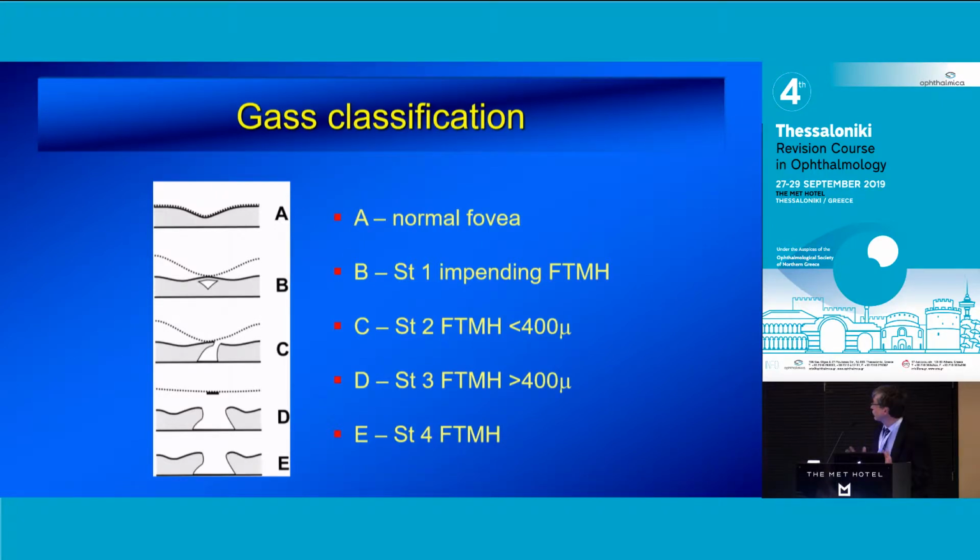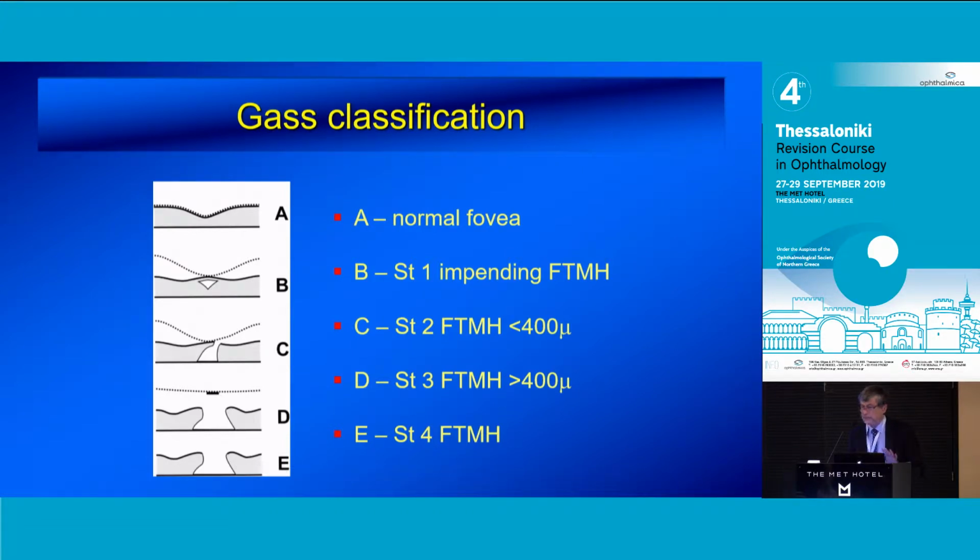Stage 2 hole, you've got a full thickness defect, but less than 400 microns in diameter. A stage 3 hole, where it's over 400 microns in diameter, and a stage 4 hole, where there is complete separation of the vitreous, but it doesn't matter what the diameter of the hole is.